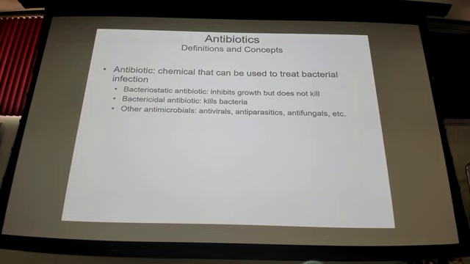We have a couple different ways of stratifying how they work: bacteriostatic antibiotics and bactericidal antibiotics. With bacteriostatic antibiotics, you're not, strictly speaking, killing those bacteria, you're just inhibiting their growth. With bactericidal antibiotics, your intent is to kill them.